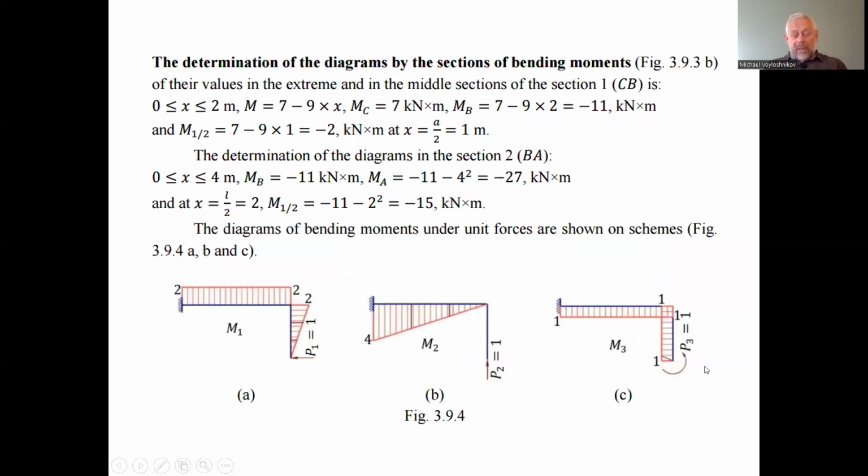In this case, we have the diagram of unit moment applied in the direction of finding the angular bending of the section in the point C. But this applied P3 unit moment rotates counterclockwise. So the stretched fibers are below the first and to the left of the second element of the mechanical system.